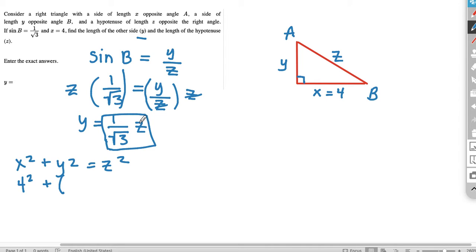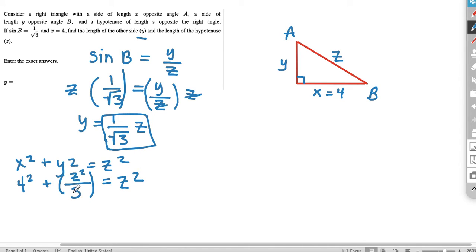So 1 squared is just 1, and then z squared is z squared. And then in the denominator, that just gets rid of the square root sign, so we have z squared divided by 3 equals z squared.